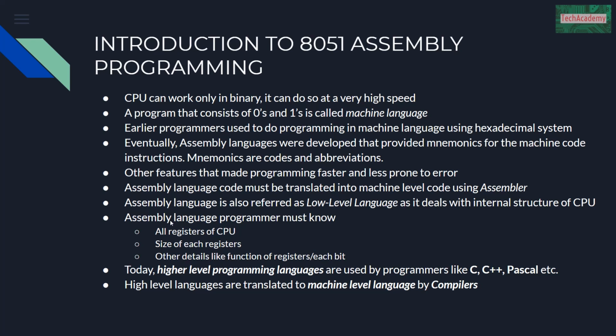So that information the programmer should know prior to programming the 8051 in assembly language, right? Because without this information he cannot do the programming. Okay, so these are all details which we are going to learn in upcoming videos. Okay, so what are the different CPU registers, what are the sizes, and what is the function of these registers.